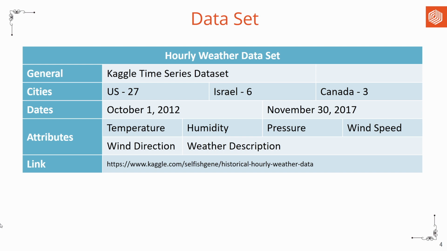Different weather attributes are in this dataset: temperature, humidity, pressure, wind speed, wind direction, and the weather description. And you can see here the link to the dataset itself. I did some small preprocessing, like for example converting the temperature from Kelvin to Fahrenheit.